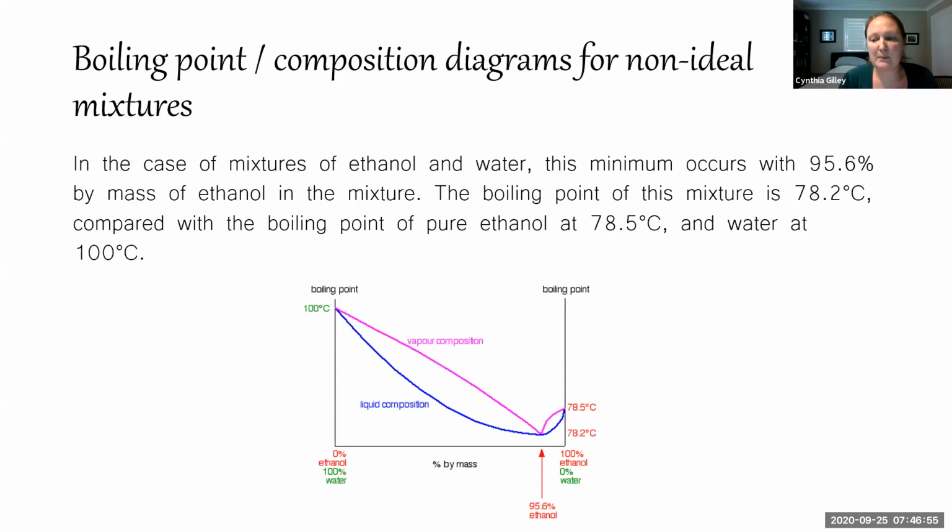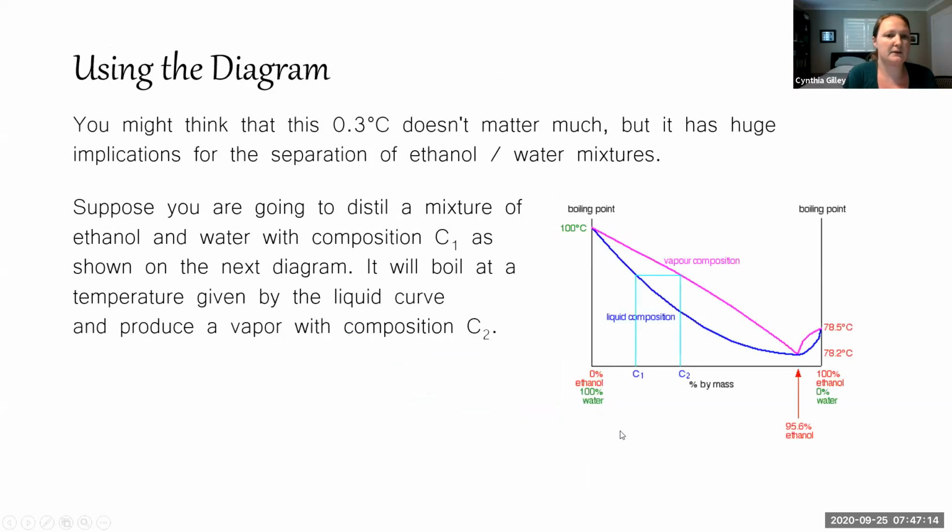You will never get pure ethanol distilling over from a mixture of ethanol and water using any sort of distillation, including a fractional distillation, right? That's because it never goes beyond this particular point to get to 100% pure ethanol.